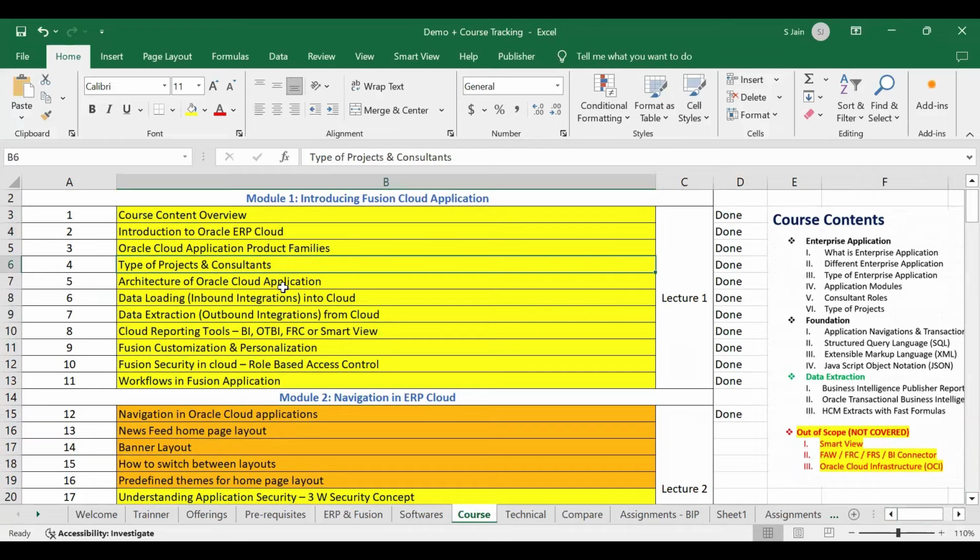Then the architecture and the different technologies we are going to learn: what the data loading technologies are, what the need to load the data is, what the data extraction technologies are, and what the need is. All these things we will cover in the first week, including demos, providing you with basic knowledge of what the ERP application is, what our role is, and why we are going to learn all these things.